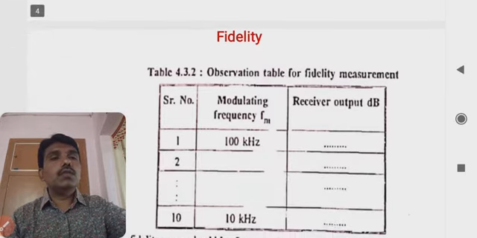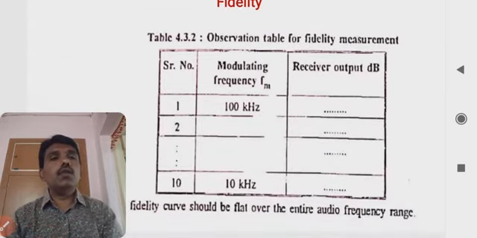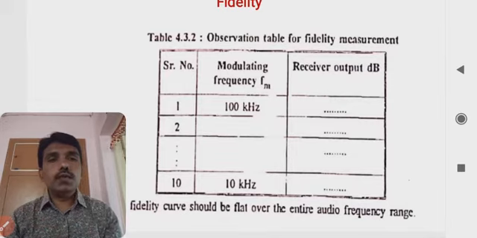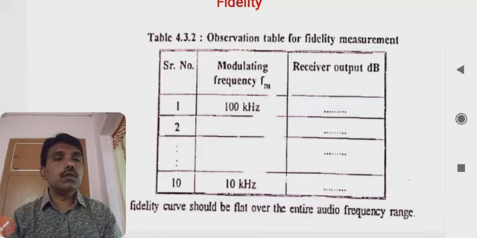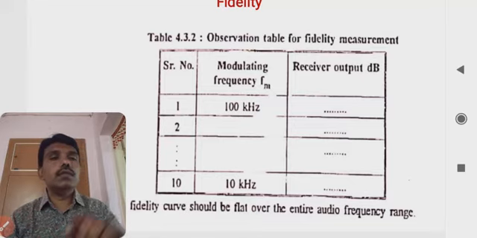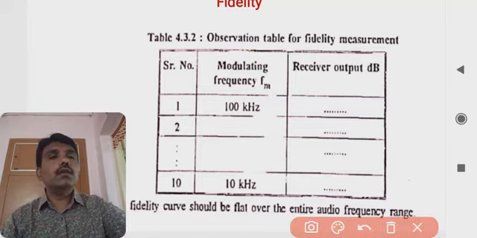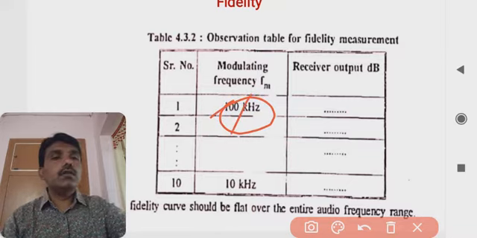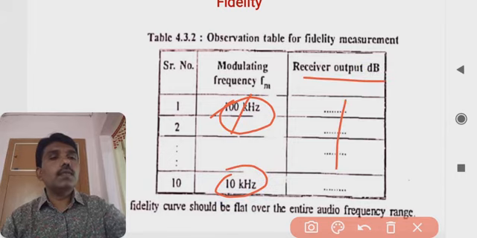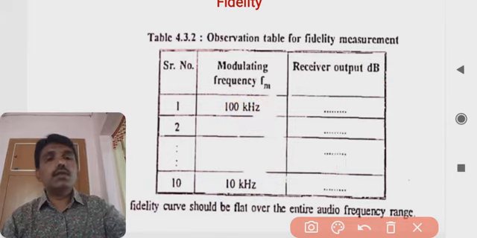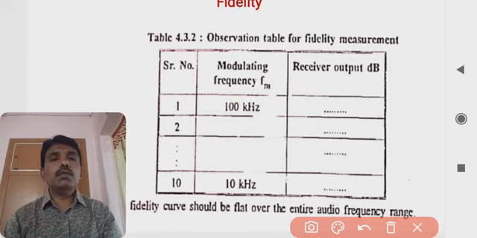Here is the observation table, where the modulating frequency is introduced from 100 hertz to 10 kilohertz. There is a printing mistake, it should be 100 hertz, not kilohertz. You should measure the receiver's output, and that will give us the important information about fidelity.